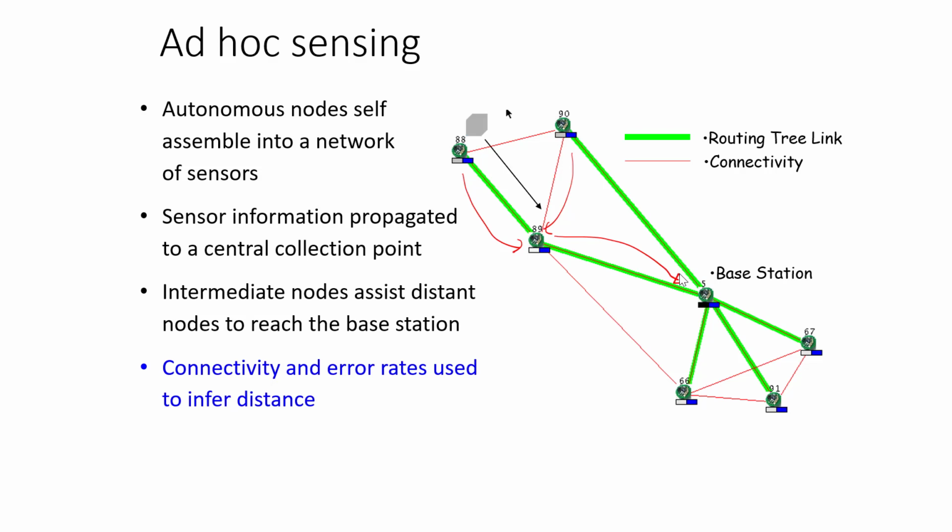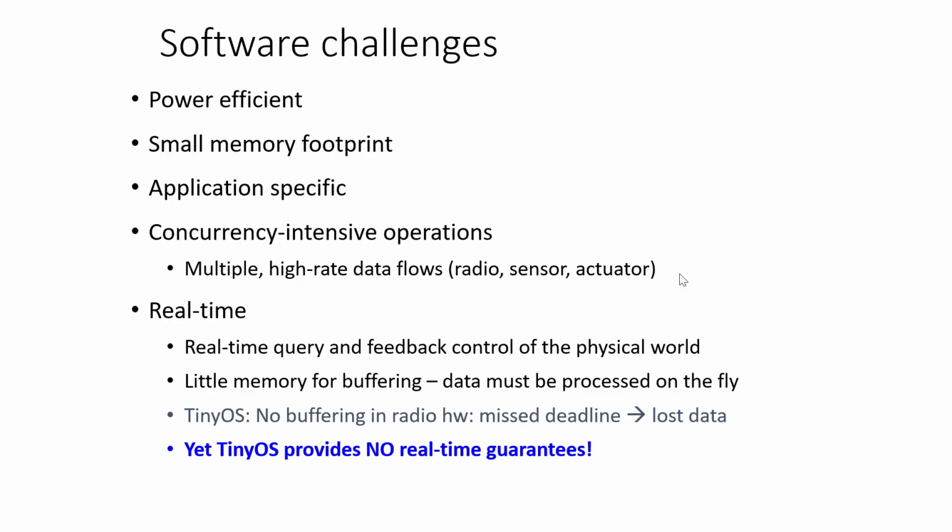In such a scenario, the main aim is to ensure that we have real-time operation. So what are the software challenges? The software challenges are that we need to be power efficient with a small memory footprint, application specific. We will have multiple high rate data flows such as radio data, sensor data, and so on.